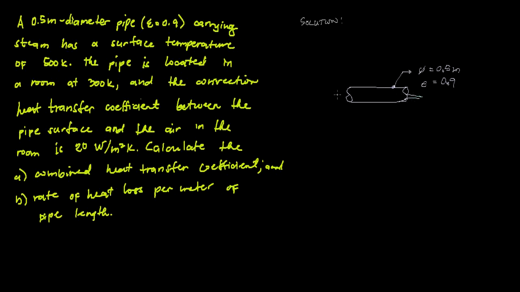Since there is steam flowing inside this pipe, it results in a surface temperature of 500 K. So the surface of the pipe is 500. So we have 500 Kelvin. Okay.